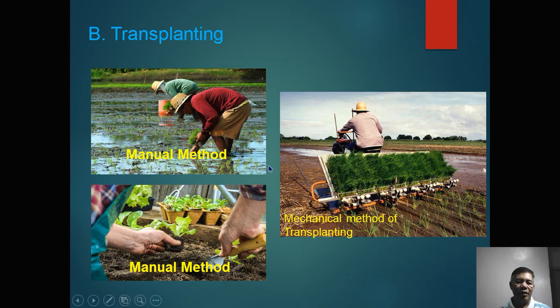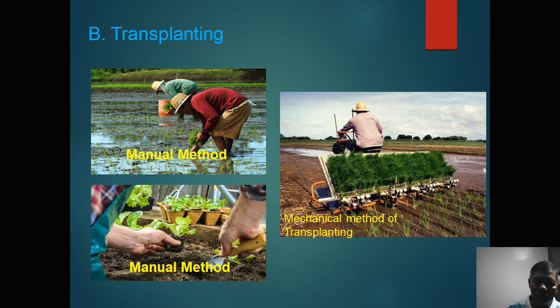The manual is commonly done by planting the seedlings into the soil. In the case of this one, these farmers are planting rice seedlings in the rice field. So that's transplanting.